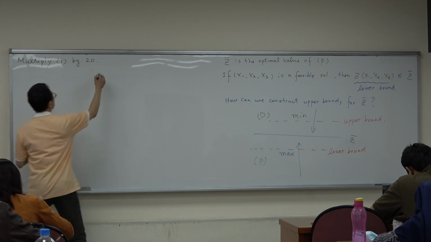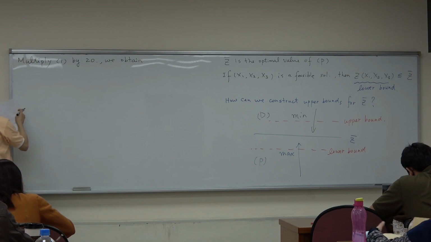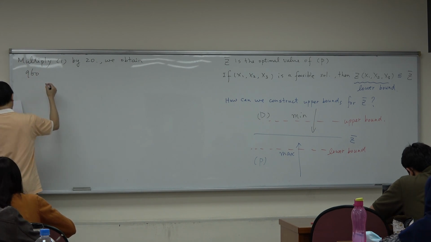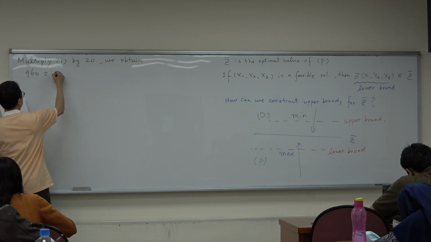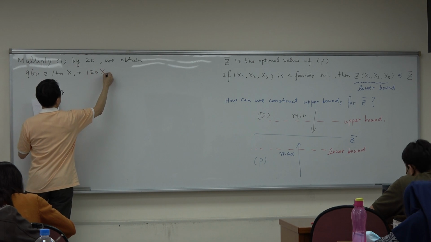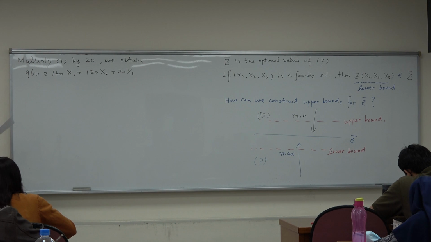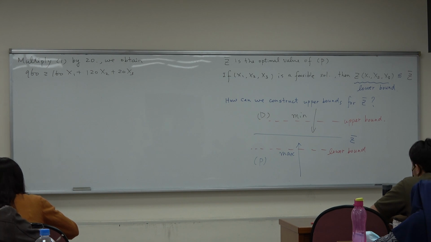If we multiply the first constraint by 20, you got this, right? Okay.